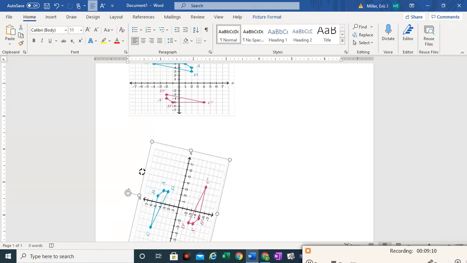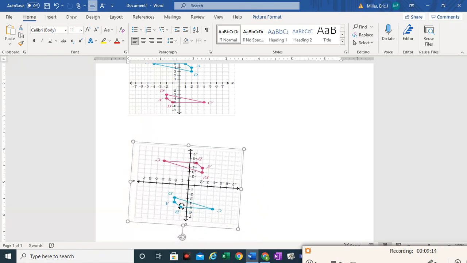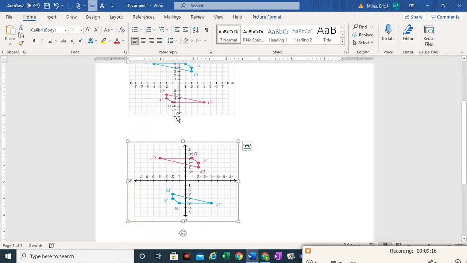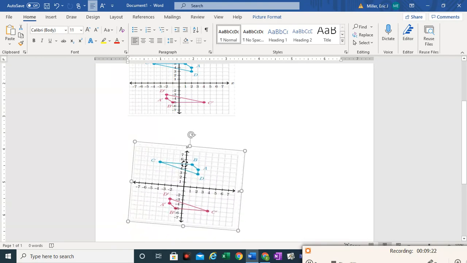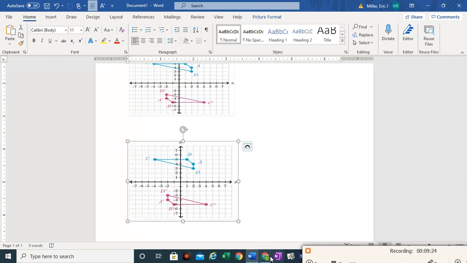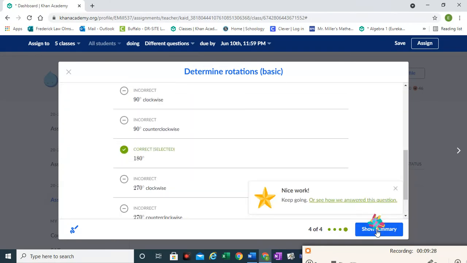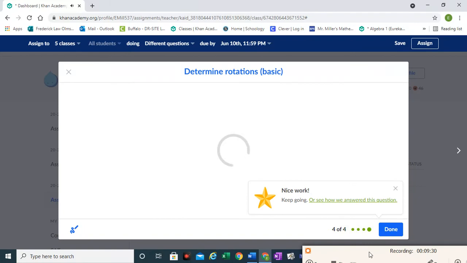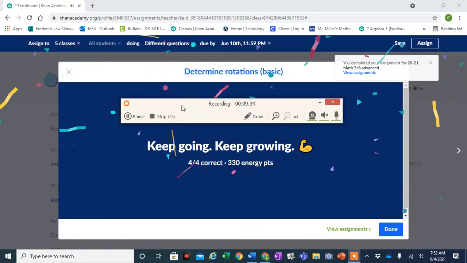If I were to go this way, that's 90 counterclockwise. There's 180 counterclockwise. Again, the blue now matches this. And then 270 counterclockwise, and then back to the original. So the answer here should be 180, which it is.